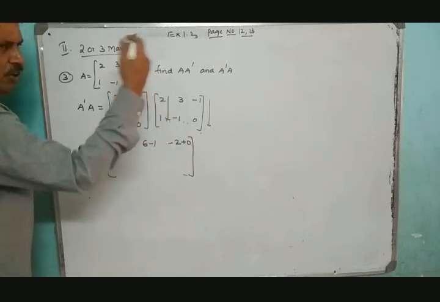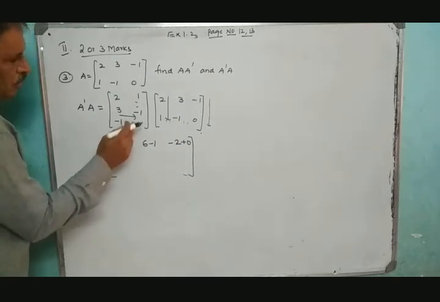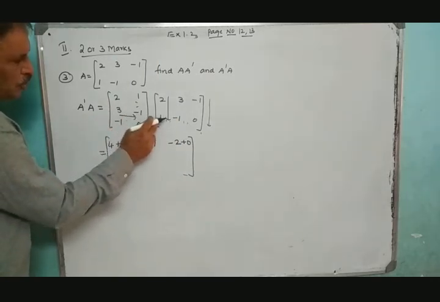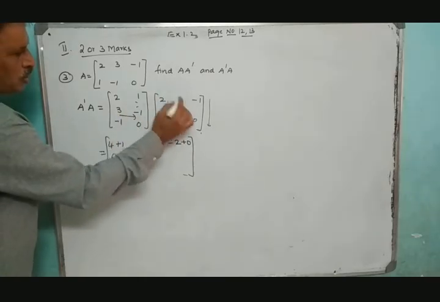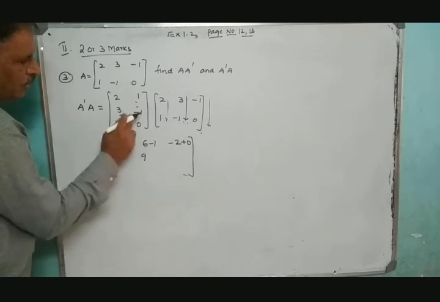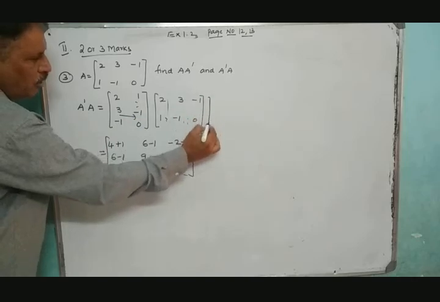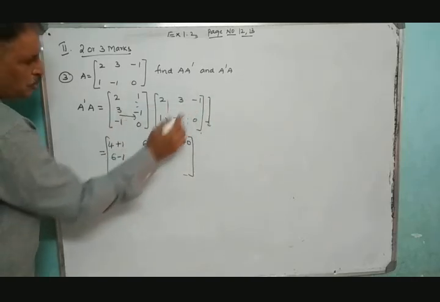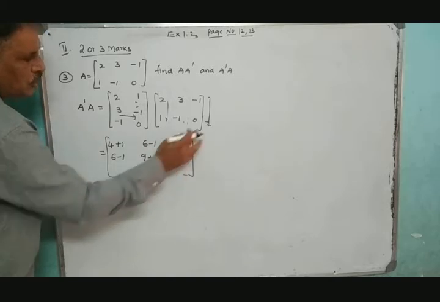Next, second row. Similarly, first column, second column, third column. 3 2s are 6. Okay, minus into plus, minus 1. Next, second row, second column. 3 3s are 9. Minus into minus, plus 1. Second row, third column. 3 into minus 1, minus 3. Minus 1 into 0, minus 0.